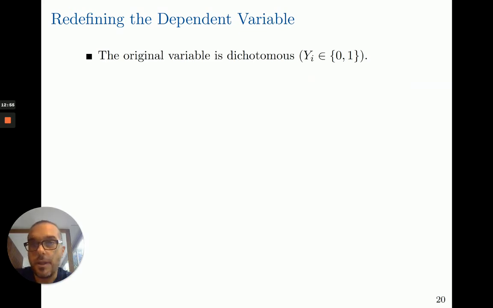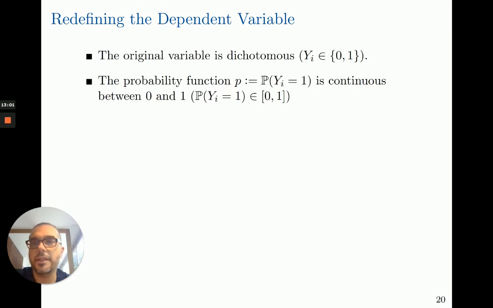So we take the original variable, that's binary, 0, 1, and the probability function, let's call it P, which is continuous between 0 and 1.